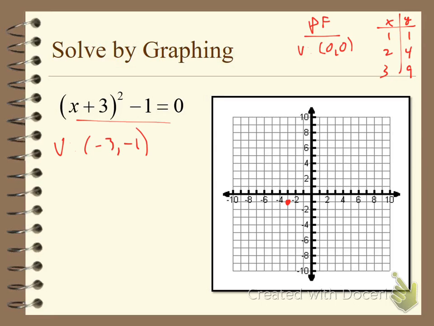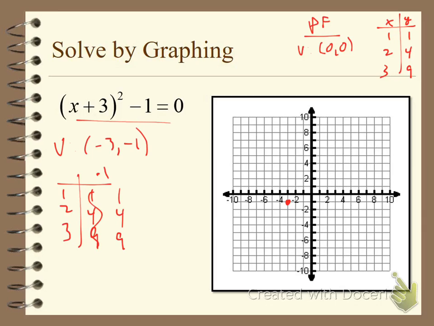This is going to open up because A is positive. And so, how does the rest of the graph look? Well, we know that we're going to change the way we walk to each point, and we're going to use the parent function table to help us figure that out. Now, A is 1, so we're going to multiply everything in the right-hand column by 1, and we get the same values, 1, 4, 9.